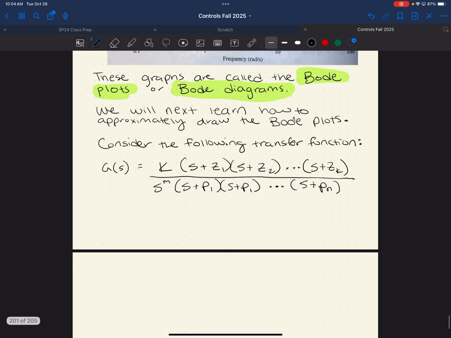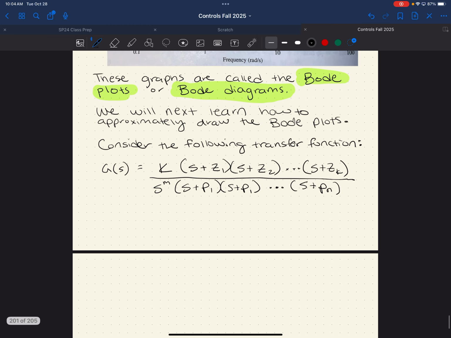It's actually kind of interesting if you think about it. When you are plugging in j omega, remember when we said that if you have a pole that is entirely the imaginary component, what type of behavior does it create? Oscillatory. It's purely oscillatory, right?